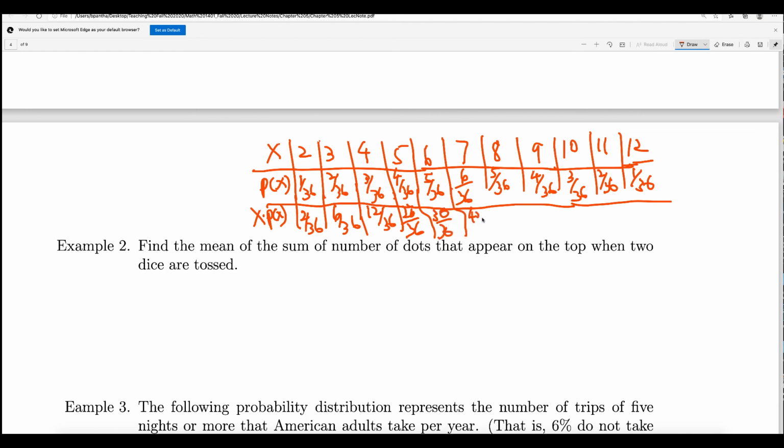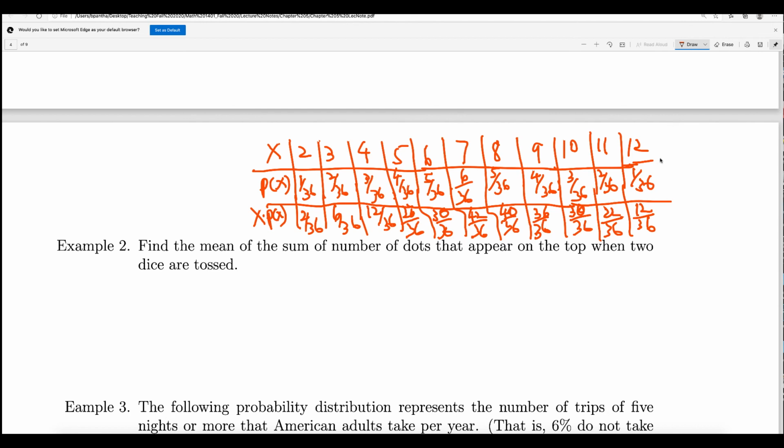And then 42 out of 36. 40 out of 36. I'm multiplying x and px. 36 out of 36. 30 out of 36. 22 out of 36, and then 12 out of 36.